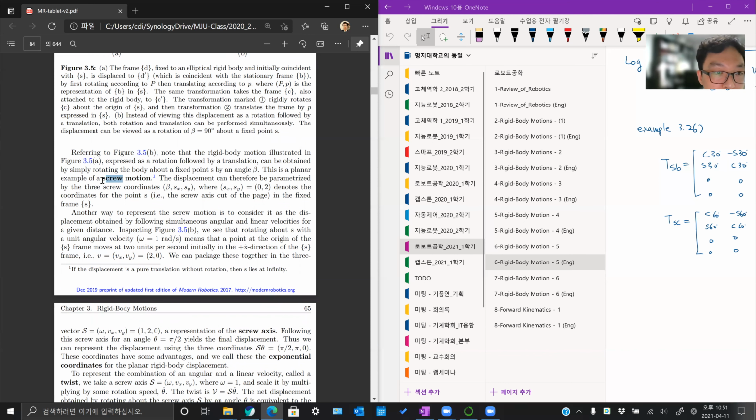The concept of screw was normalized twist, and screw motion itself is about when we describe some rigid body motion, we can describe it by using screw motion. In the screw motion, there is rotational velocity, and also there is a rotation pitch, and also there is a translational velocity.